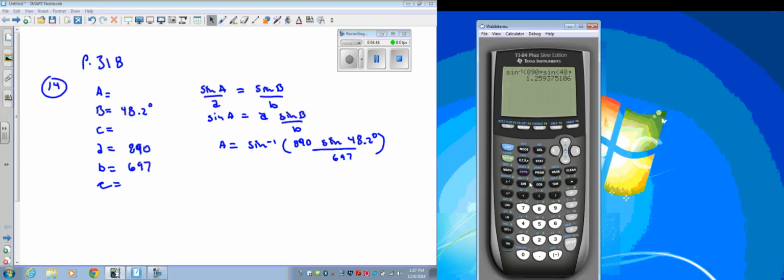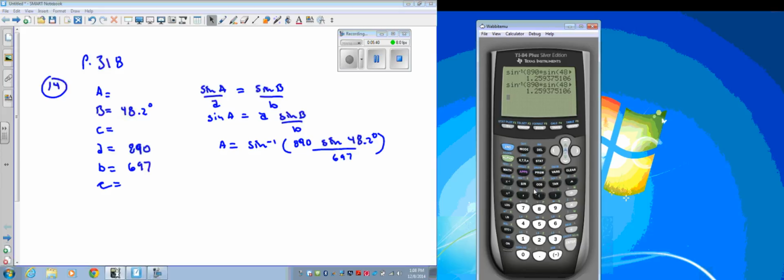Second sine inverse, times 48.2. That's a 9897. Got it again. 1.25.